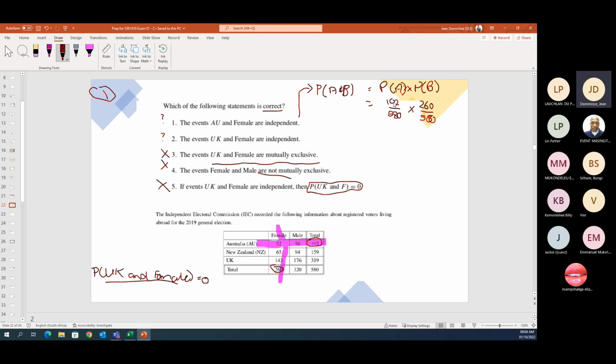So that should then be equal to the probability of the two together, which is 52 divided by 580. So if those two are the same, then we know it is independent.